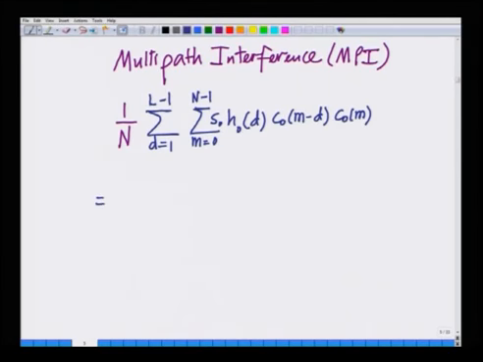Remember, s 0 is common, so I will take out s 0. So, this is 1 over n s 0.